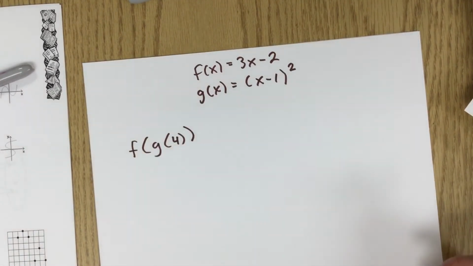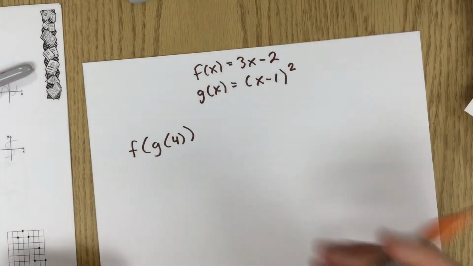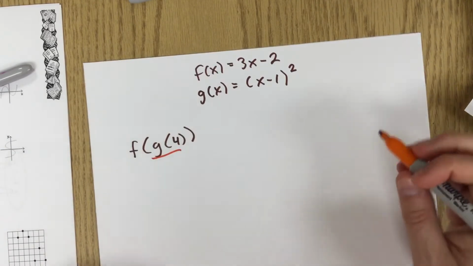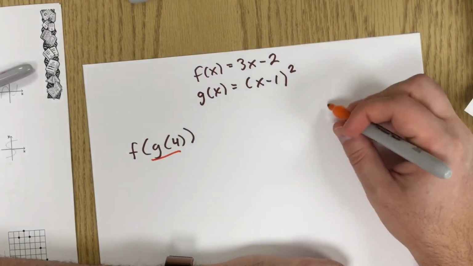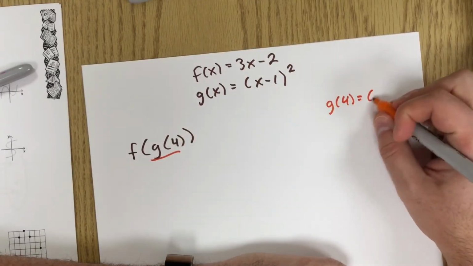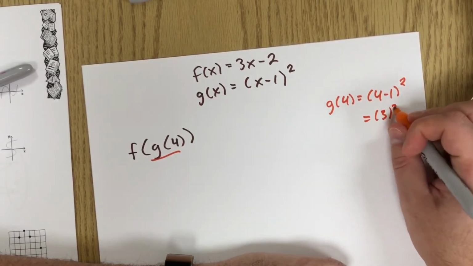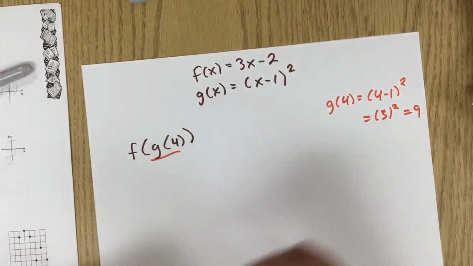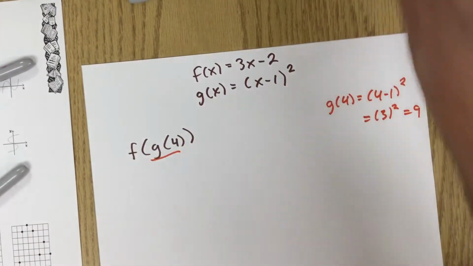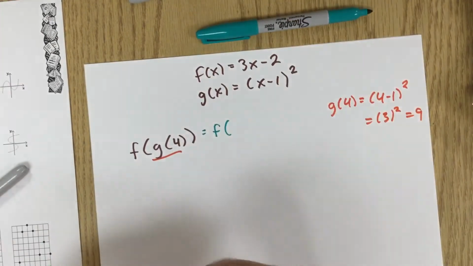So what's f of g of 4? What we're going to do first is figure out, okay, what is g of 4? So g of 4 is 4 minus 1 squared, which is 3 squared, which is 9. So essentially, f of g of 4 is like saying f of 9.